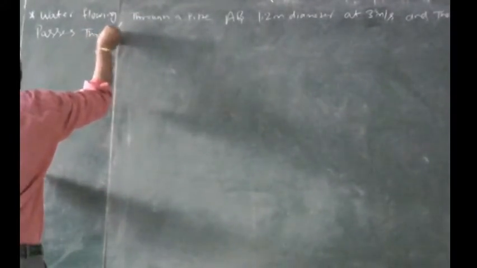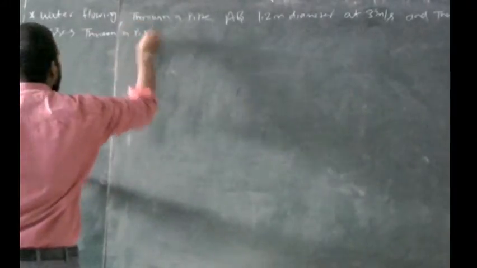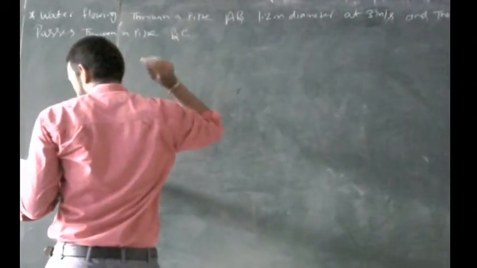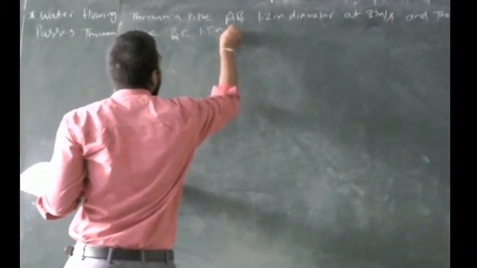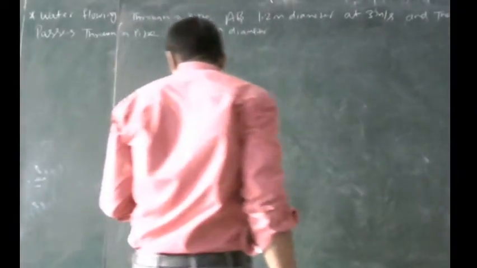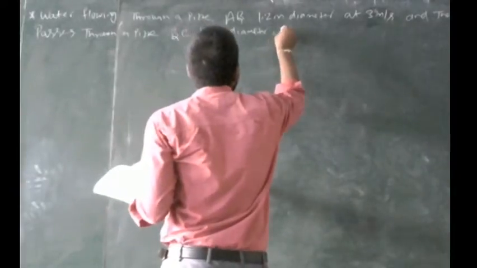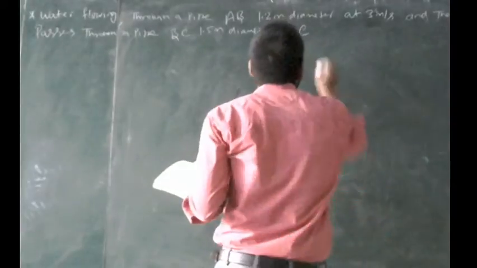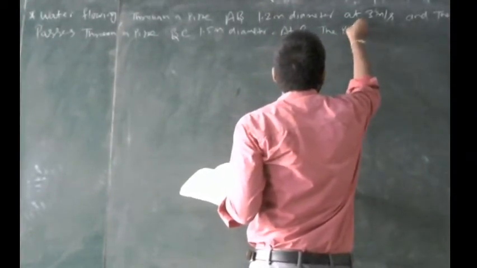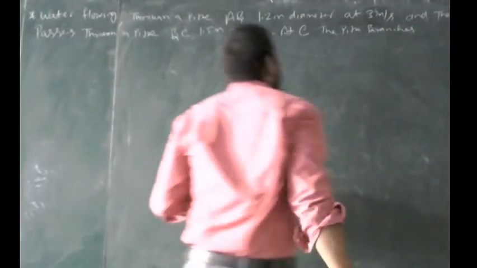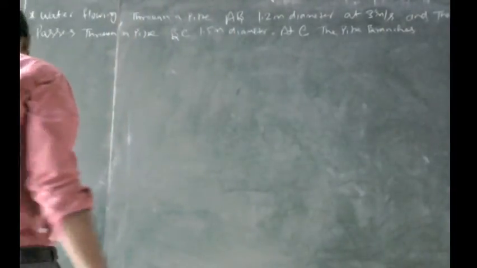through a pipe BC, 1.5 meter diameter. At C the pipe branches.